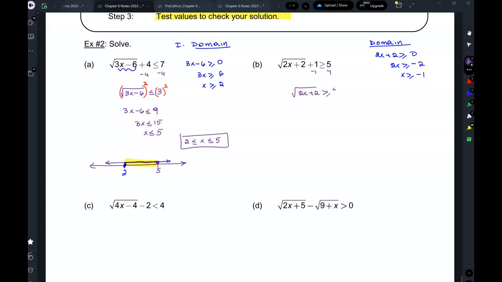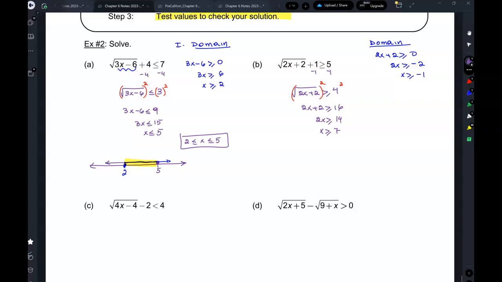Okay, the square root is greater than or equal to 4. Square both sides. 2x plus 2 is greater than or equal to 16. So what do I get here? 2x is greater than or equal to 14. X is greater than or equal to 7.